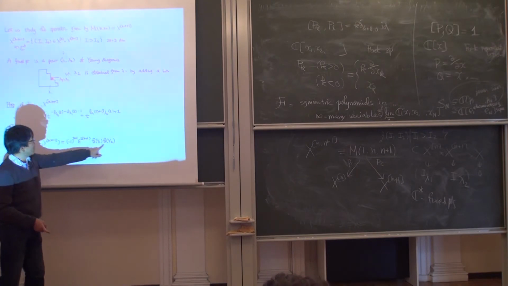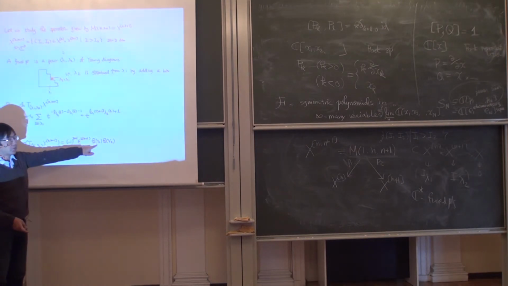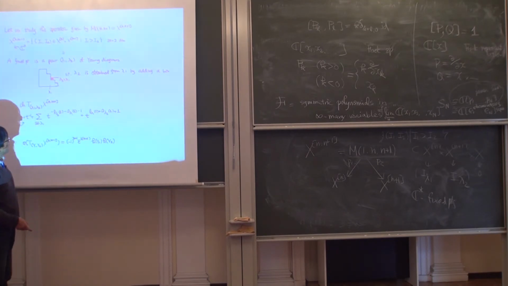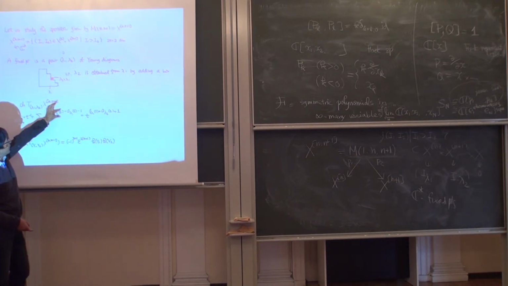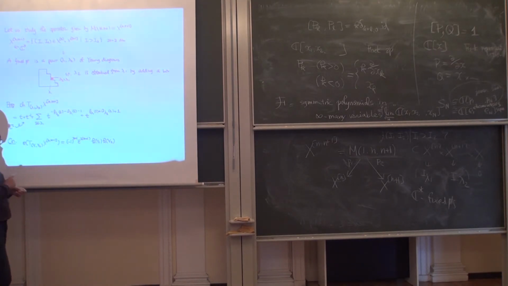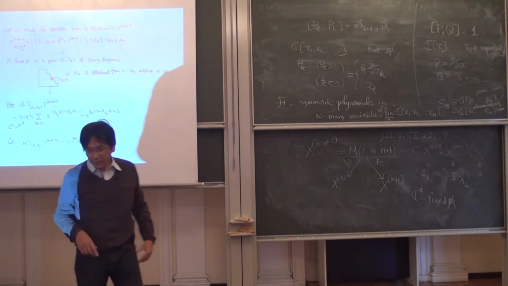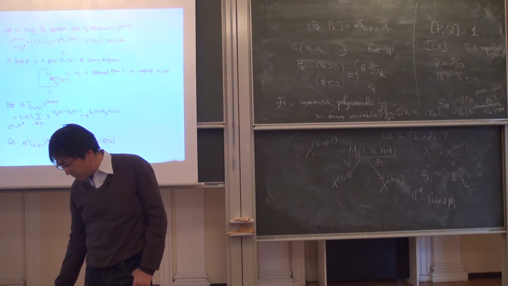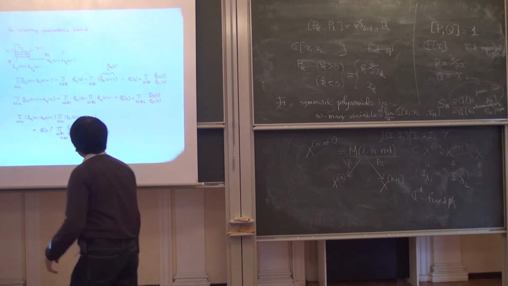The final answer depends only on the hook length of lambda 1 and the hook length of lambda 2. Here, it depends on arm length and leg length for lambda 1 and lambda 2. So this corollary is not so obvious, but it involves some interesting combinatorics.